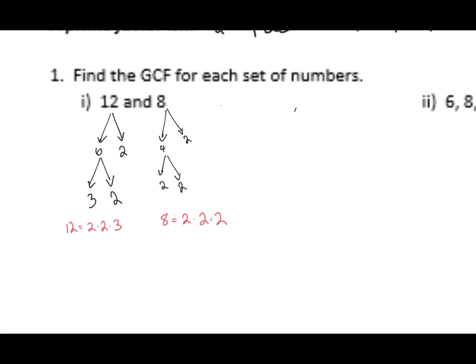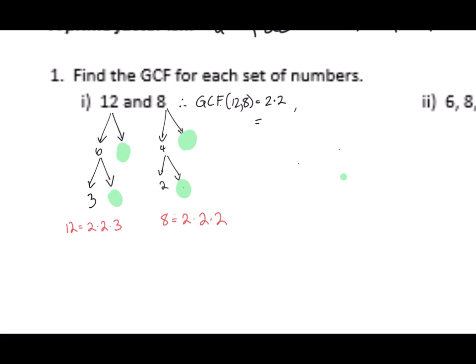So in the 12, there's a 2 here. And guess what? There's another 2 here. So now what we're going to do is we look for another set of matching parts. In this case, I got a 2, and I got another 2. So in this case, the GCF is literally 2 times 2, because both of them have 2 sets of matching 2s.